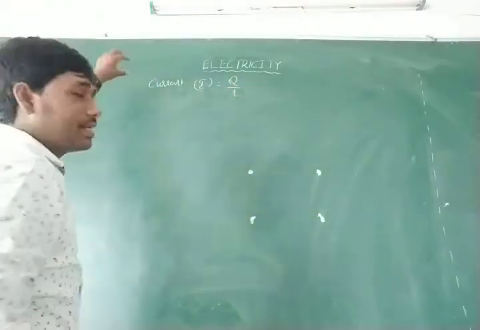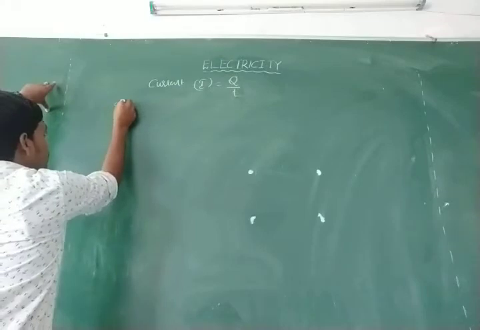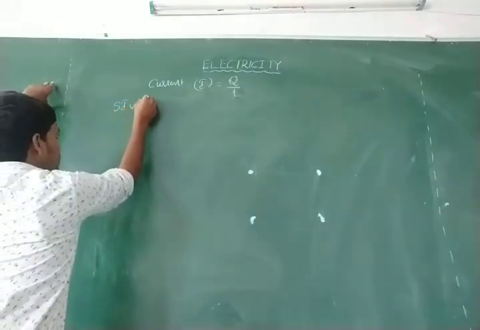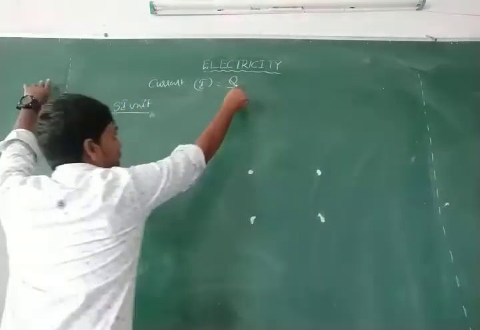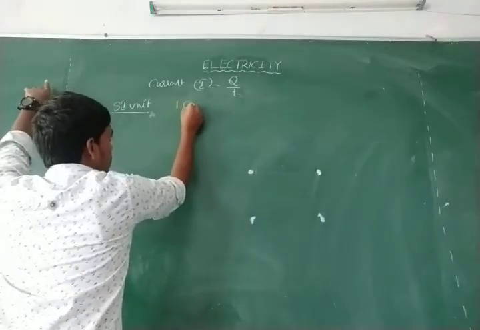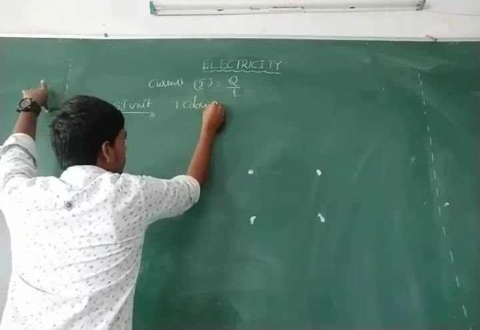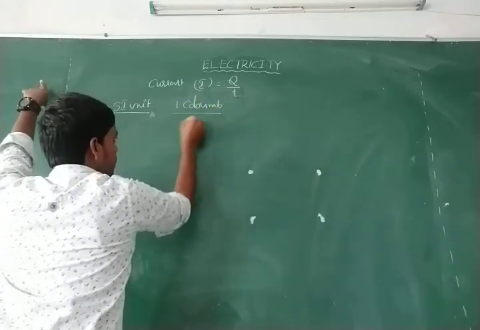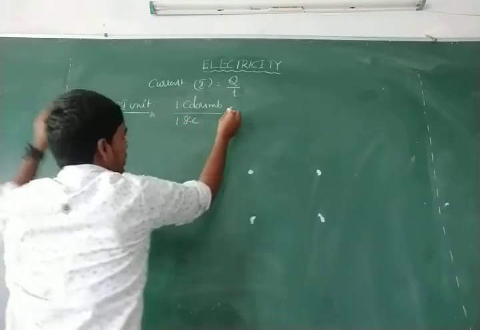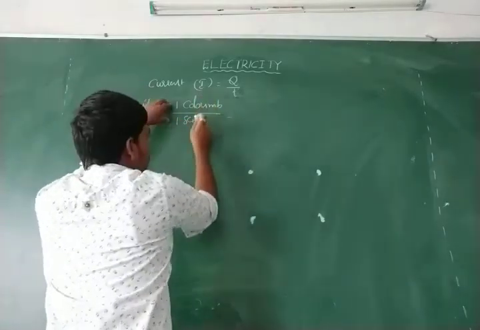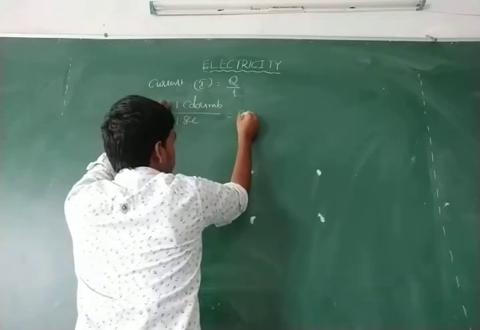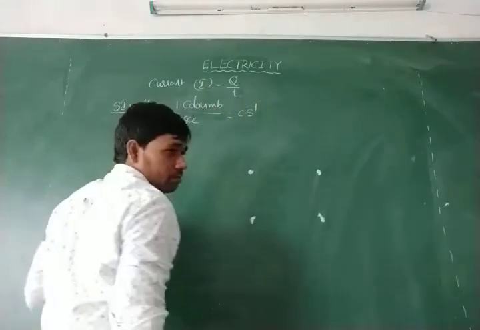Over the SI unit, charge is measured in coulombs and time is measured in seconds, so coulomb per second, which is also called coulomb second inverse.